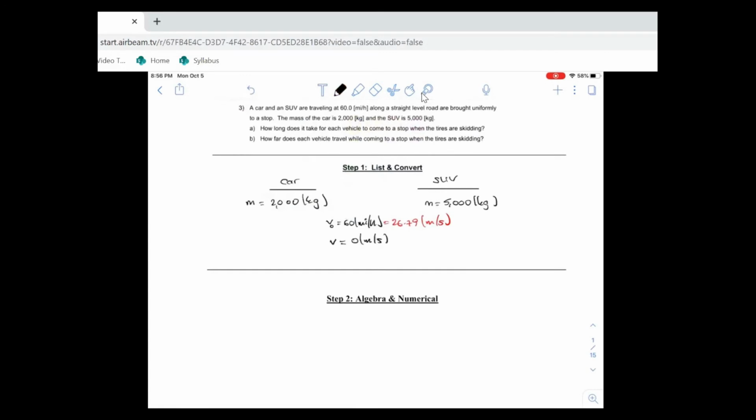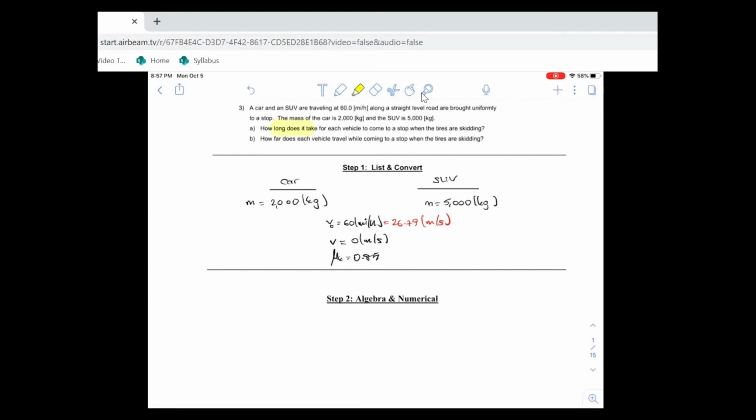Okay, so what do we need? That's all the information we got, right? Well, the tires are skidding in both cases, so it's going to be the coefficient of friction. It's going to be 0.85. It's unitless, so there's nothing there. Okay, so A: how long does it take?